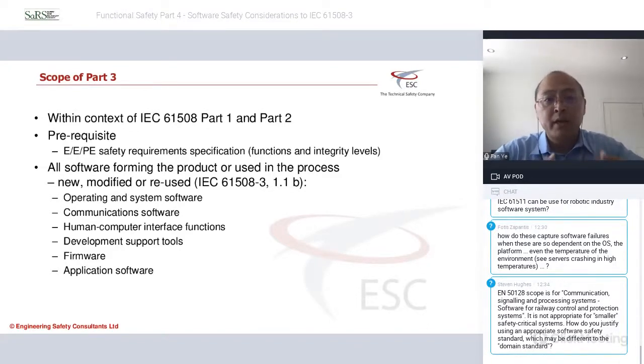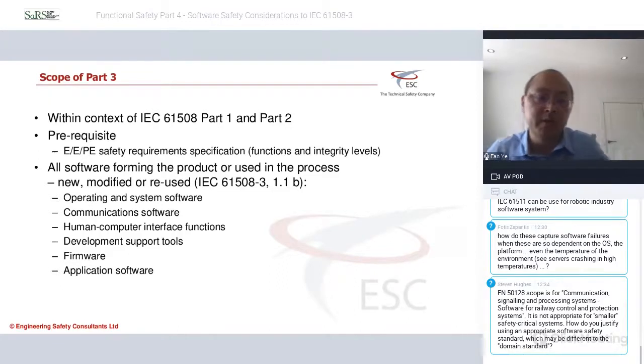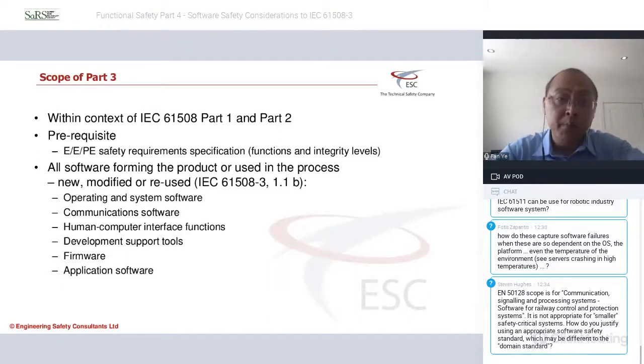That covers the operating and system software, communication software, human computer interface functions, development supporting tools, firmware, and application software. So all software elements forming part of a safety-related system are within the scope of Part 3.